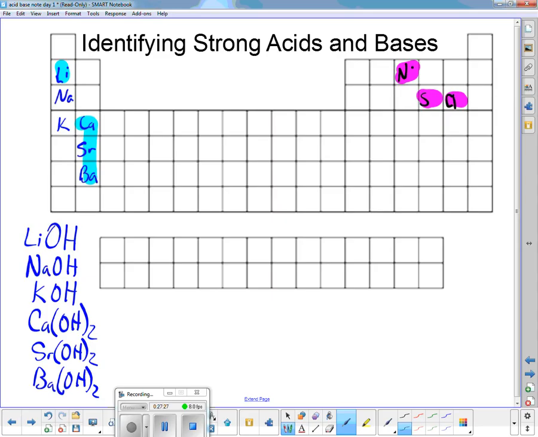So this one is NO3 minus, this is SO4 2 minus, and ClO3 minus. So my oxyacids are going to be HNO3, which is nitric acid, H2SO4, which is sulfuric acid, and HClO4, which is perchloric acid. Has one more oxygen than chloric acid.